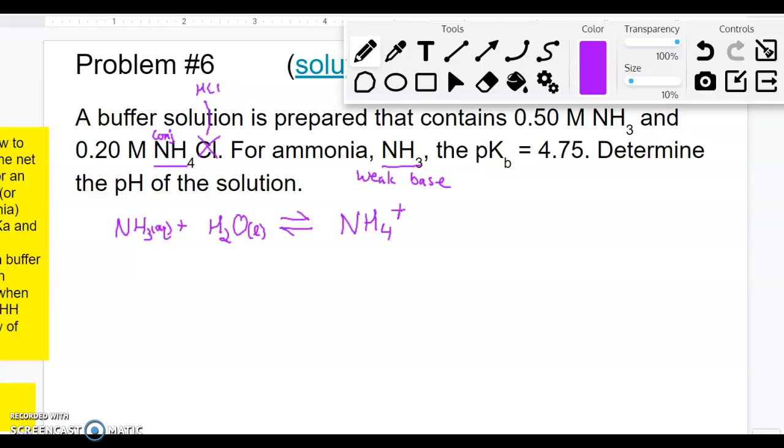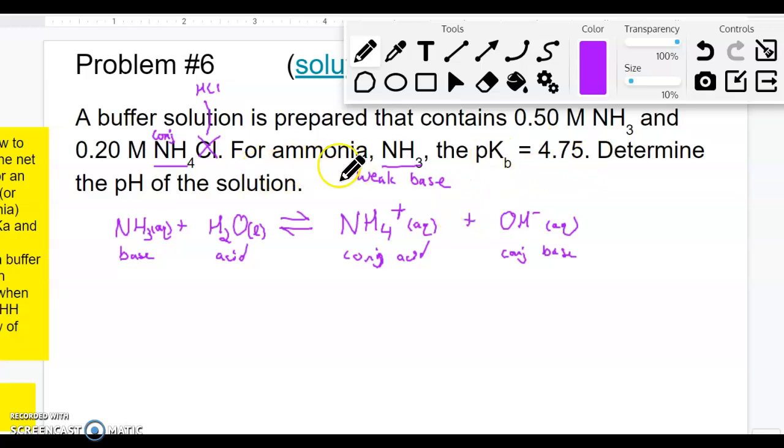Because NH3 is a weak base, it will absorb a hydrogen from water and become NH4 plus. And that means if this was our base, this is our acid. The H2O gives off that H plus and becomes OH minus. And here's our conjugate acid, and here's our conjugate base. And so here's my equation.